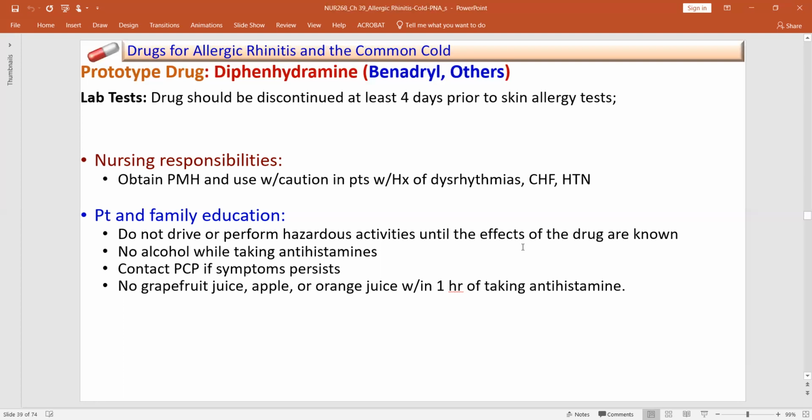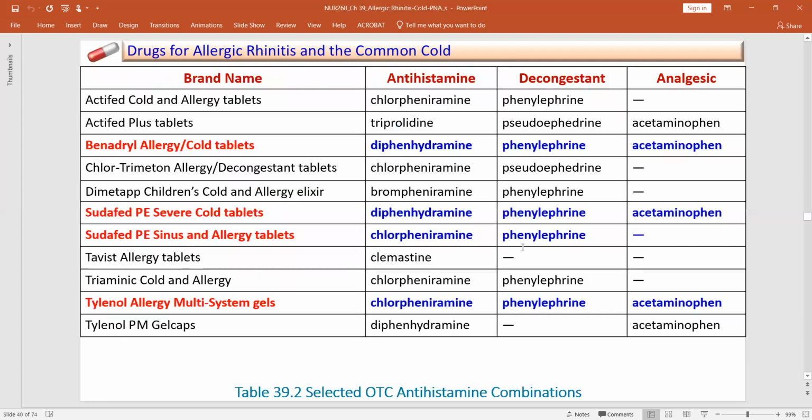For patient and family education, add to what we have on the slide: stop taking the medication at least 4 days prior to skin allergy testing, as we just mentioned, because that will result in false negative readings of the test.